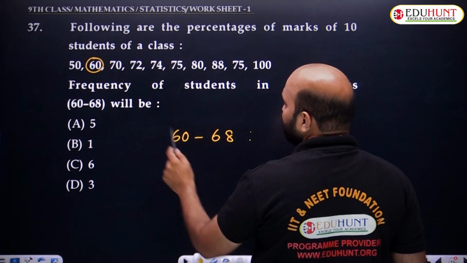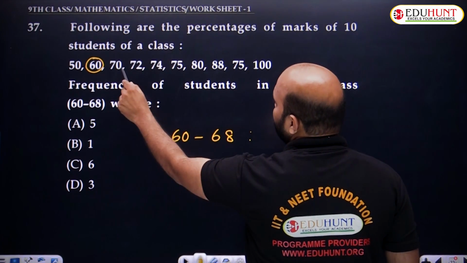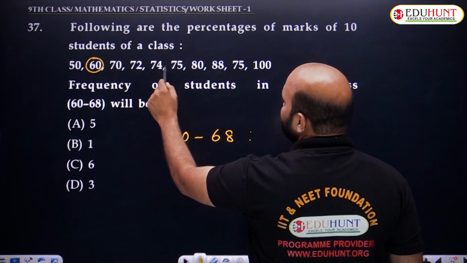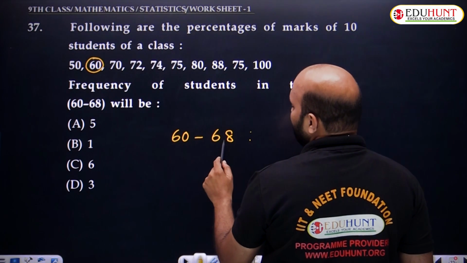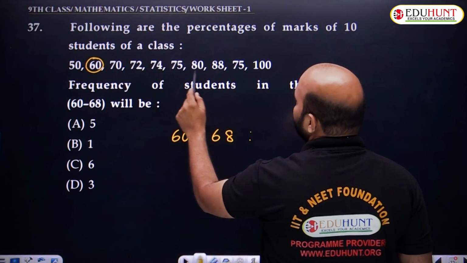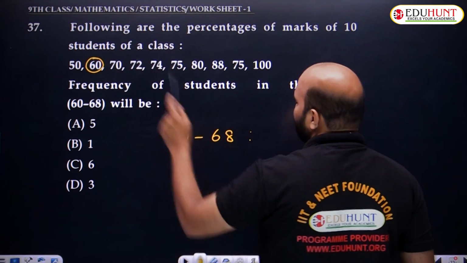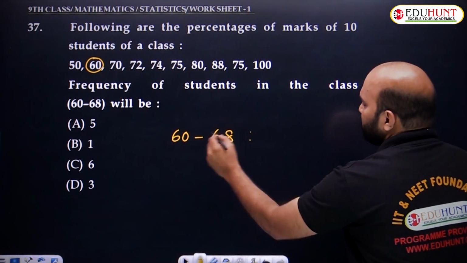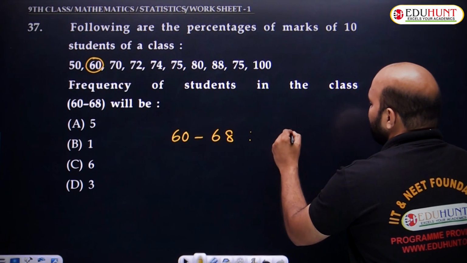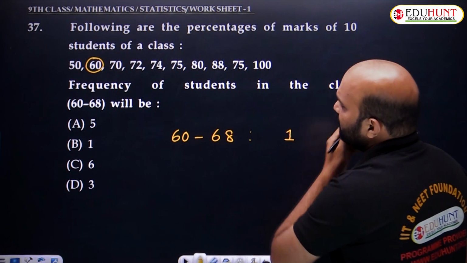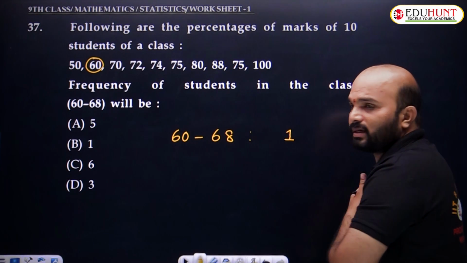From 60 to 68 means 60 is also countable. Next, 70 is not countable, and 72 and above are more than 70, not countable, because the upper limit given is 68. So only one, only one observation.